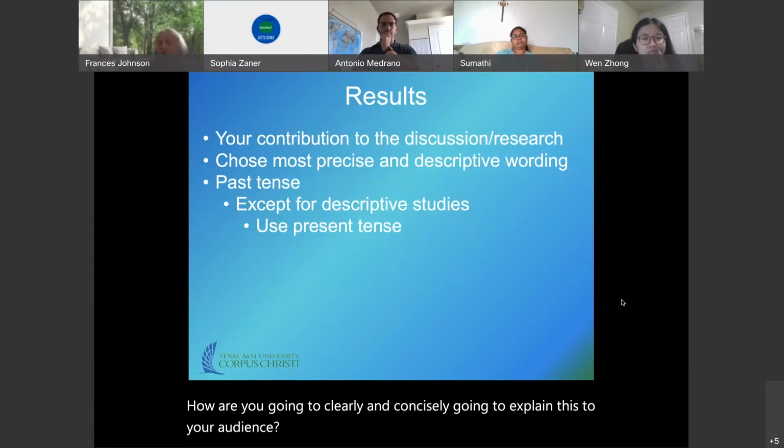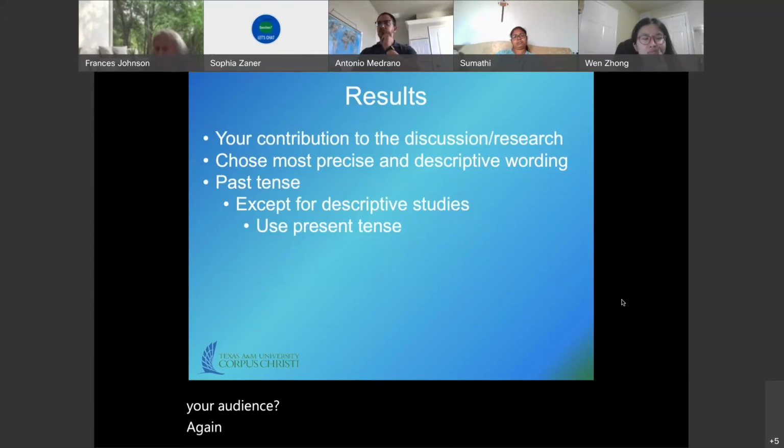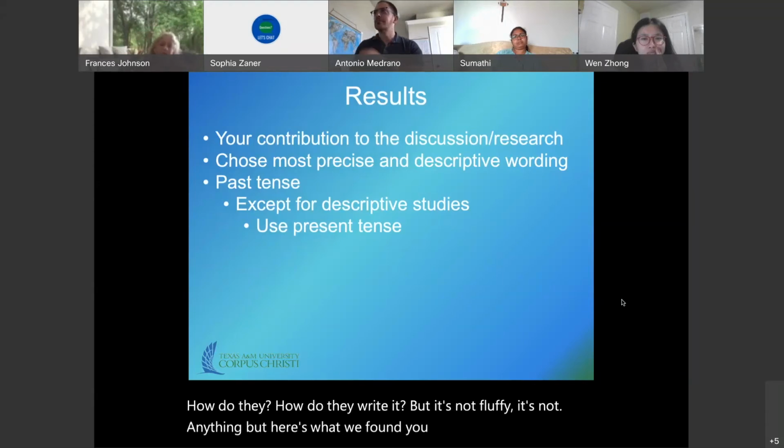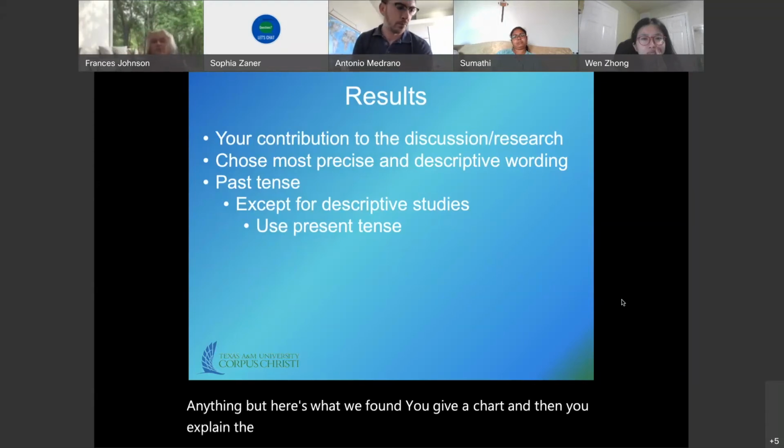Again, it's audience specific: the people you're writing to, what terminology do they use? How do they write it? But it's not fluffy. It's nothing but here's what we found. You give a chart and then you explain the chart to the reader in your results.